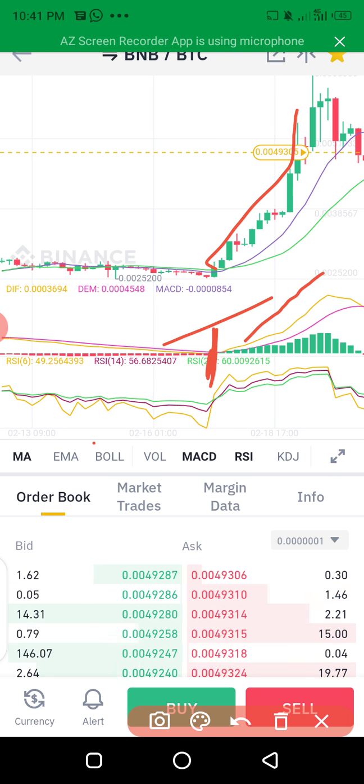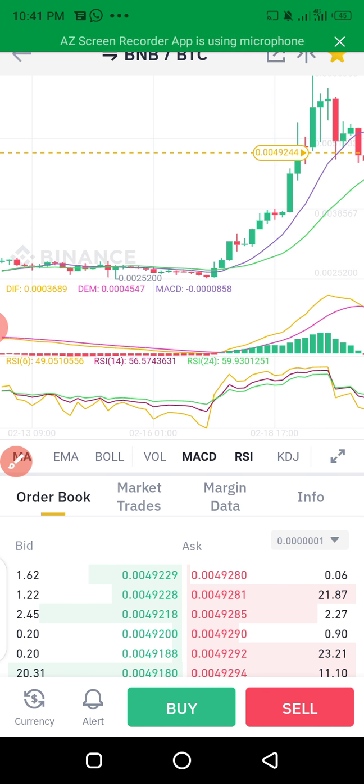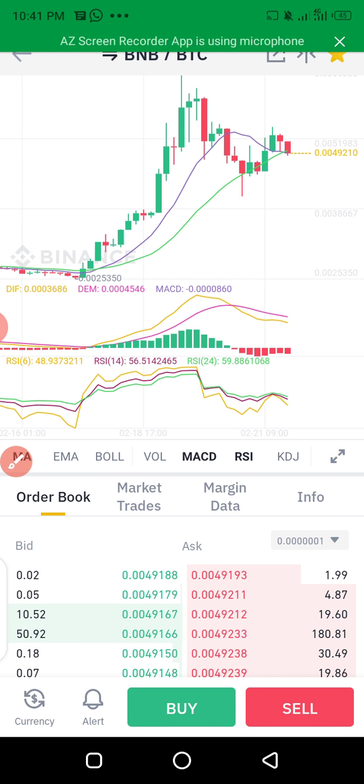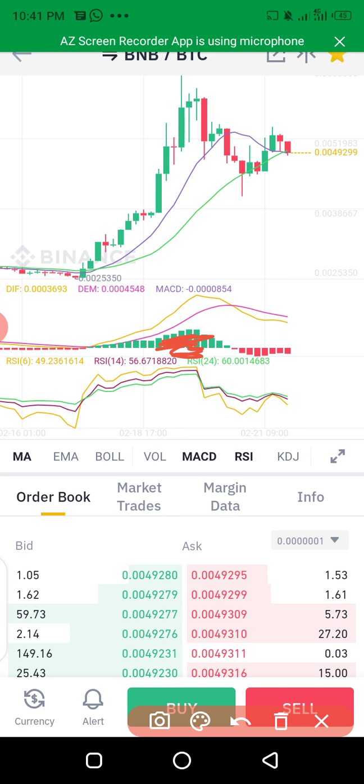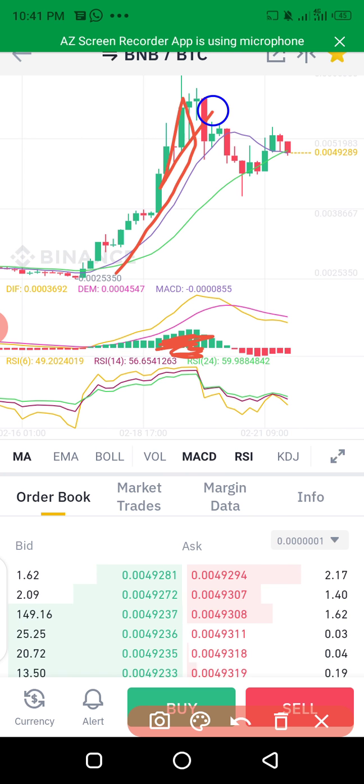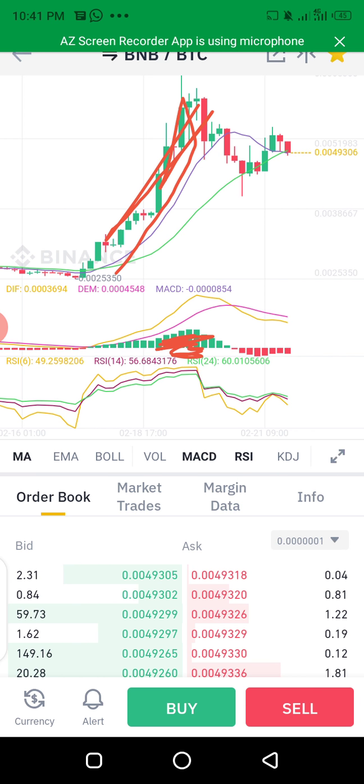It is very, very important you watch the signal line, and you also watch the histogram that it is forming, the thickness and strength of the histogram. You see here, the histogram is very, very strong. That means the market is going upward. The upward trend is very, very strong.